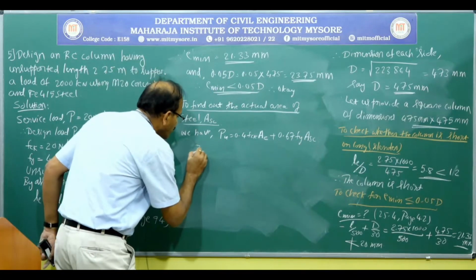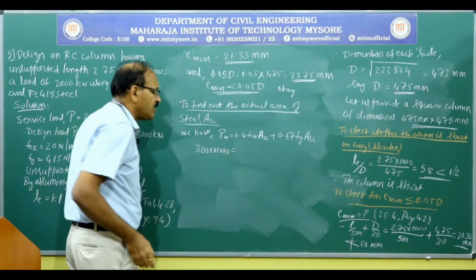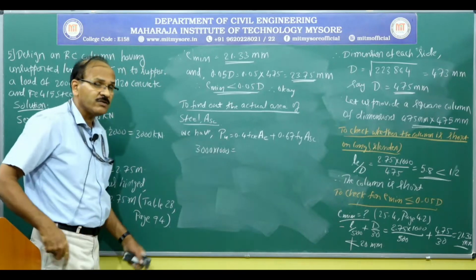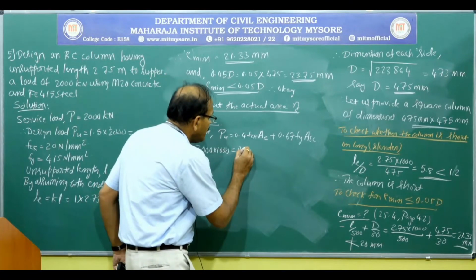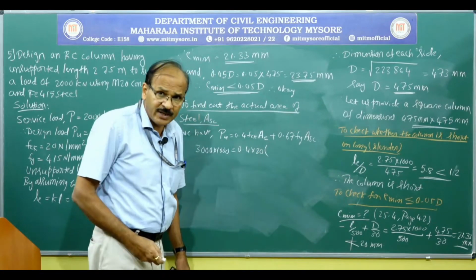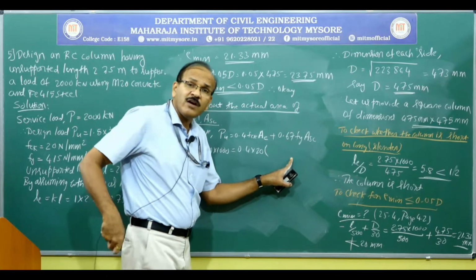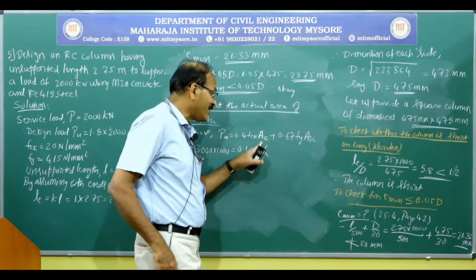So for Pu I am going to substitute 3000 followed by 3 zeros because I am converting the values into Newton. 0.4 into 20. As far as area of concrete is concerned, that is Ag minus the area of compression steel. So what is the Ag value?